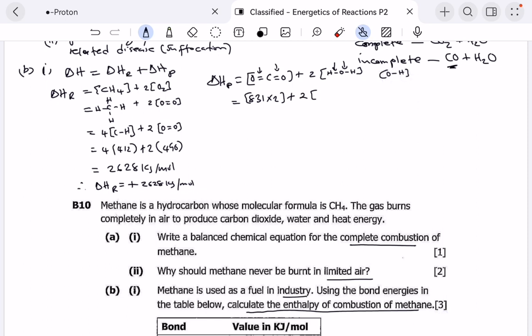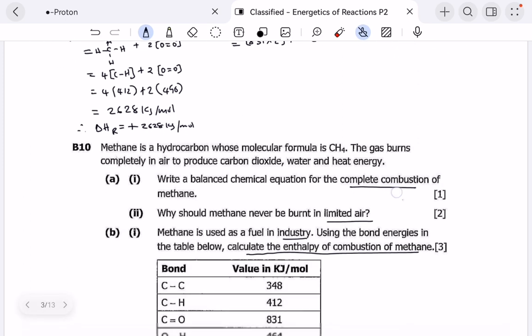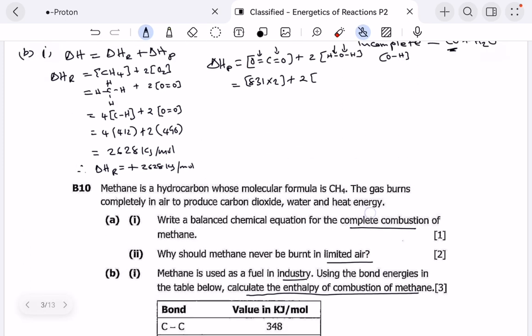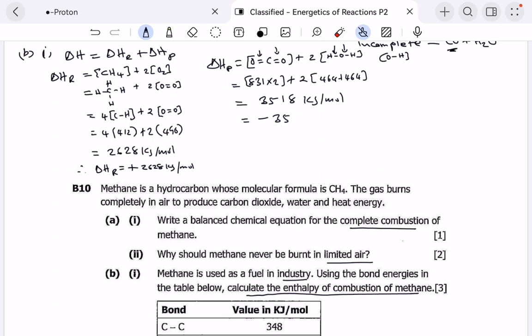So we have 2 of them inside, which means 464 plus 464. The total gives us 3518 kilojoules per mole, which is negative, as it represents the bond formation.